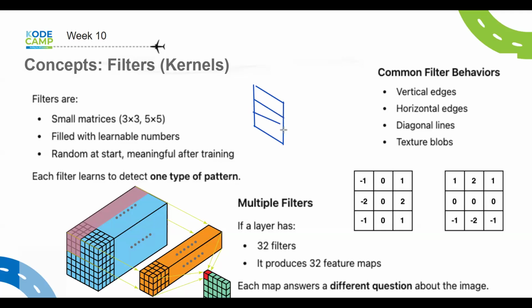That's how I identify it for myself. I know that some people may interchange the use of kernel and filter. So this is a kernel, and when you stack multiple kernels in the third dimension, that becomes a filter.